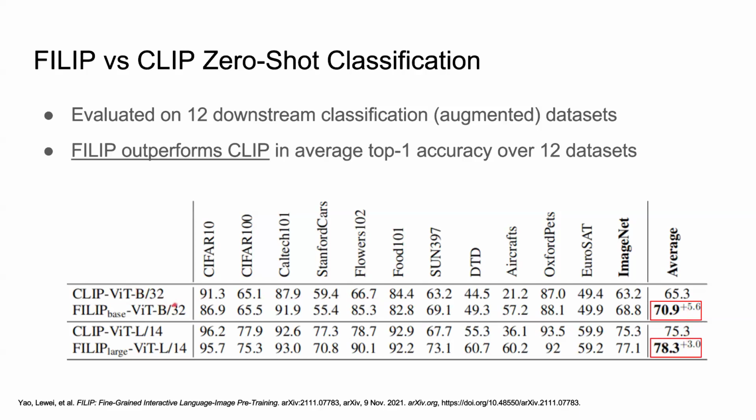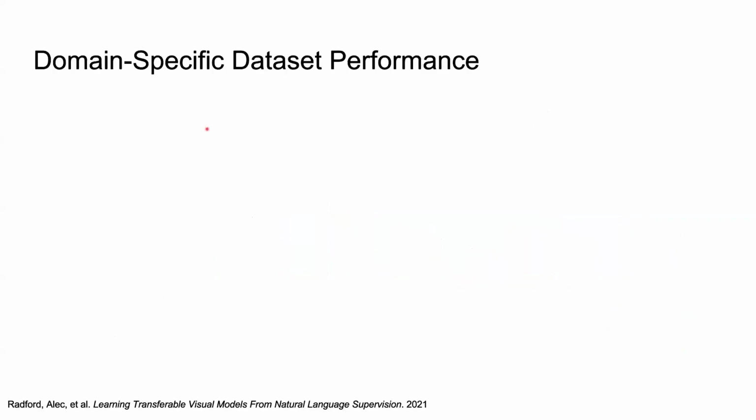And so I just want to point out, for some data sets, FILIP does quite well, like double as well. And then for others, marginally worse. But overall, on average, FILIP does better.